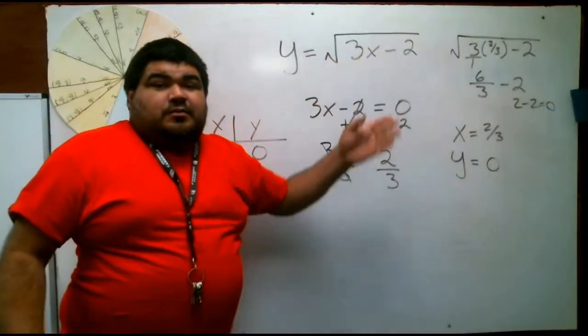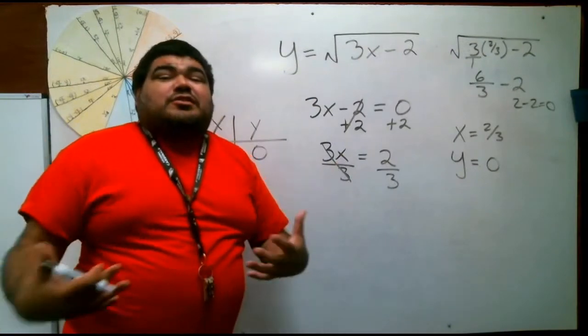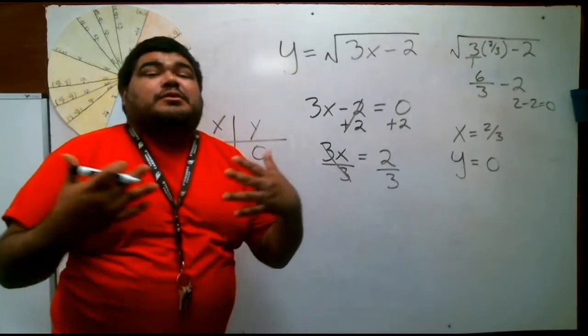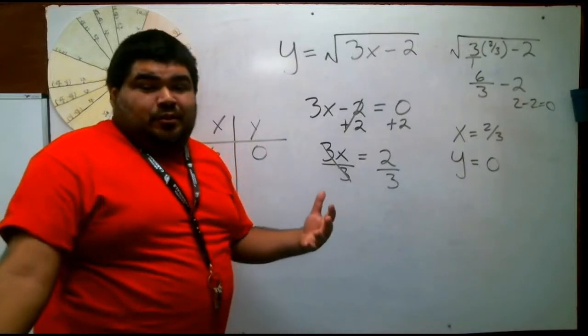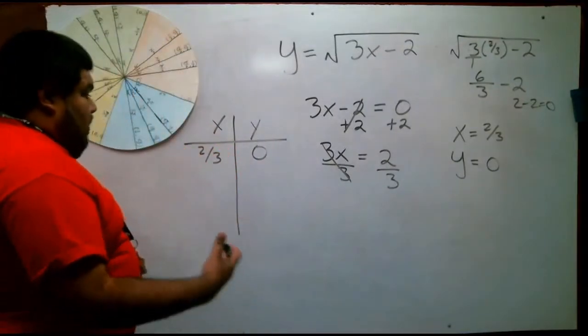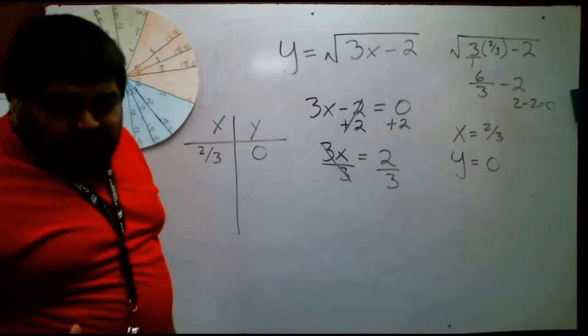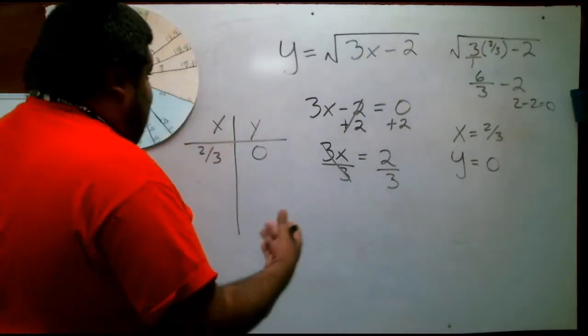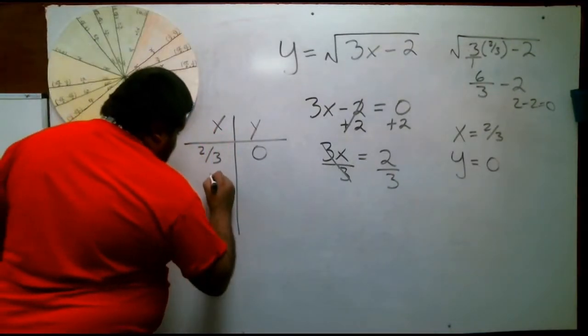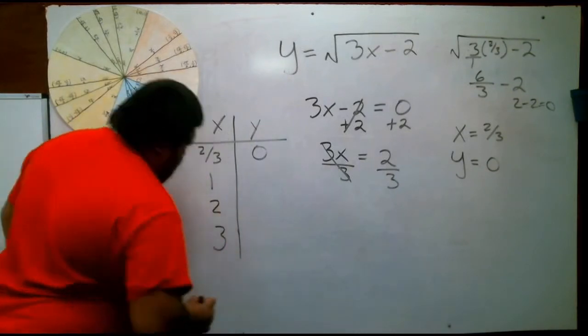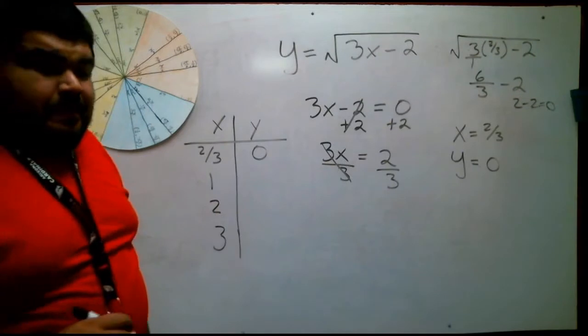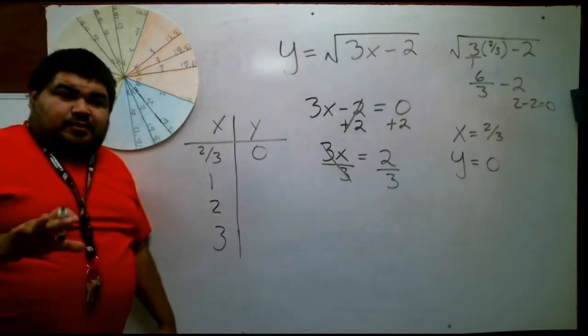We can also deal with fractions if you want, that's fine. But I know for some of us, fractions are a little scary, so we don't really want to deal with fractions. What I'm going to do is deal with full numbers, which in this case are 1, 2, and 3.